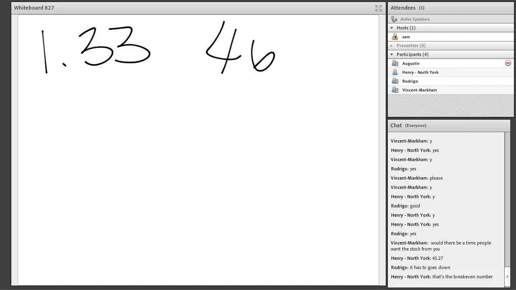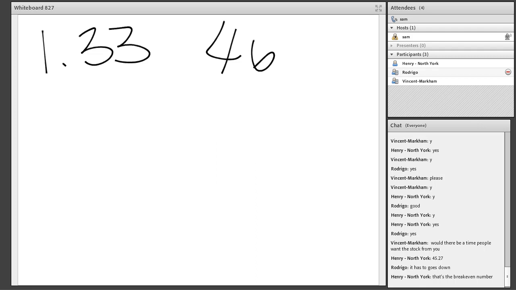So if it's 1.33 you brought in, and you sold the 46, what's break even? Do you remember, everybody, when you sell a put, it means they can put the stock to you at $46. They can make you buy it at 46. So obviously, if they can make you buy it at 46, they want to get it for less, right?